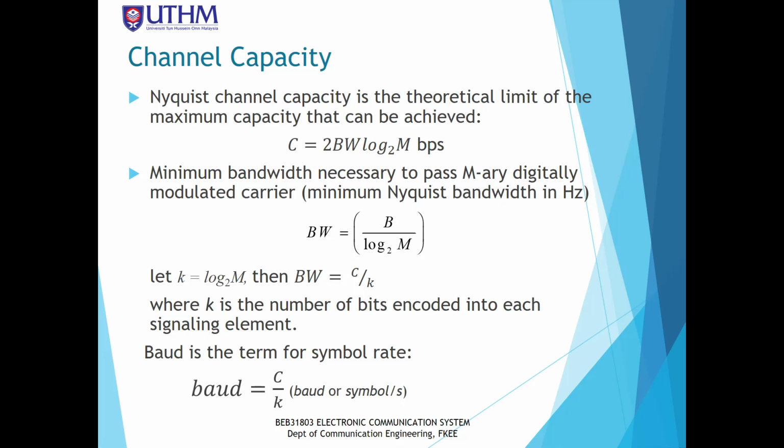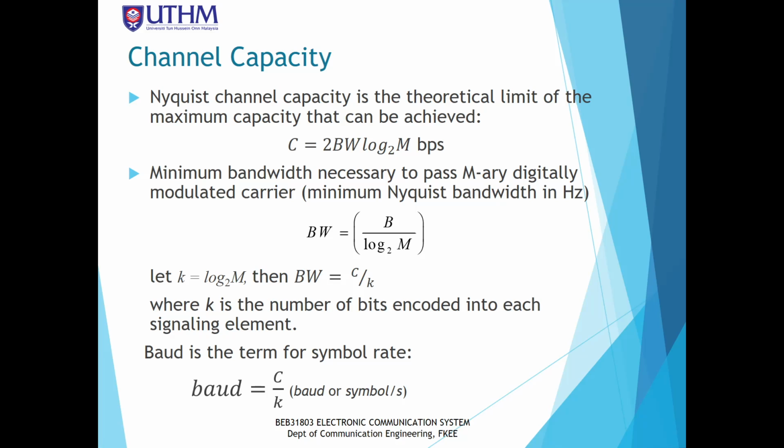Okay, channel capacity. So channel capacity is the maximum data rate for the channel. Okay, so ini ada dia punya teori iaitu Shannon theory yang mana menggambarkan berapakah maximum capacity untuk transmission. Okay, ada dia punya graph sebenarnya.